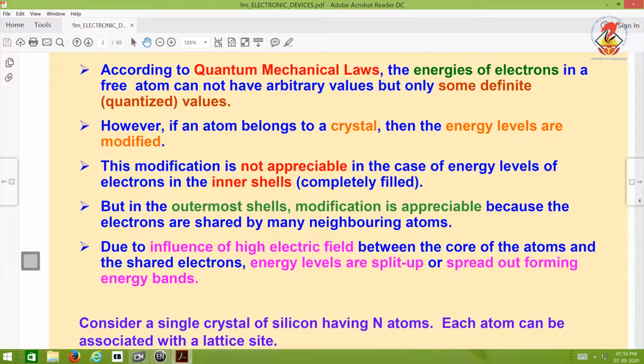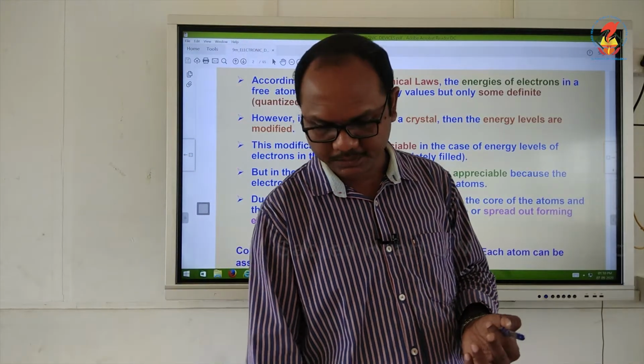So, we can say like this, due to the influence of high electric field between the core of the atoms and due to the share of electrons, the energy levels are spread up to form energy band. So, what is meant by energy band?